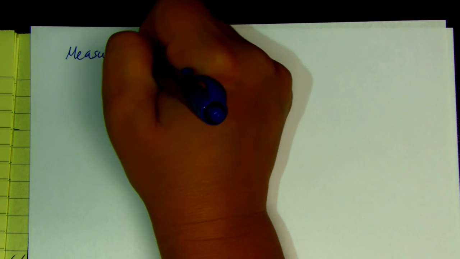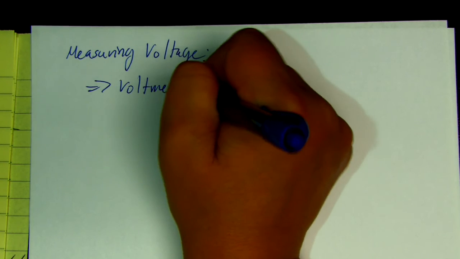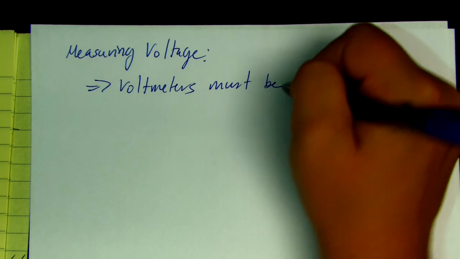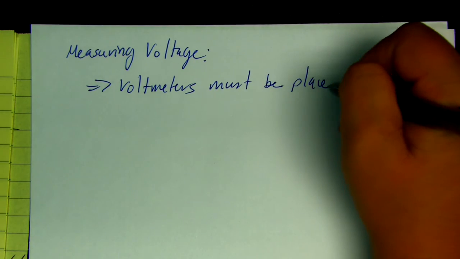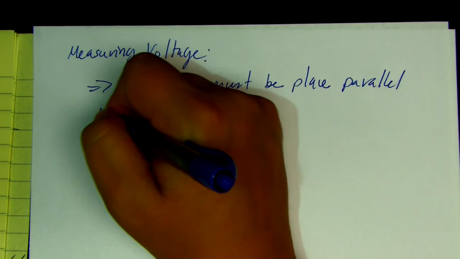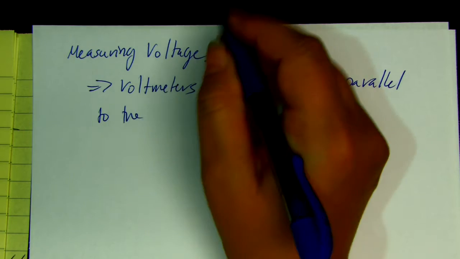Okay, now let's think about voltmeters. So voltmeters must be placed parallel to the portion you want to measure.